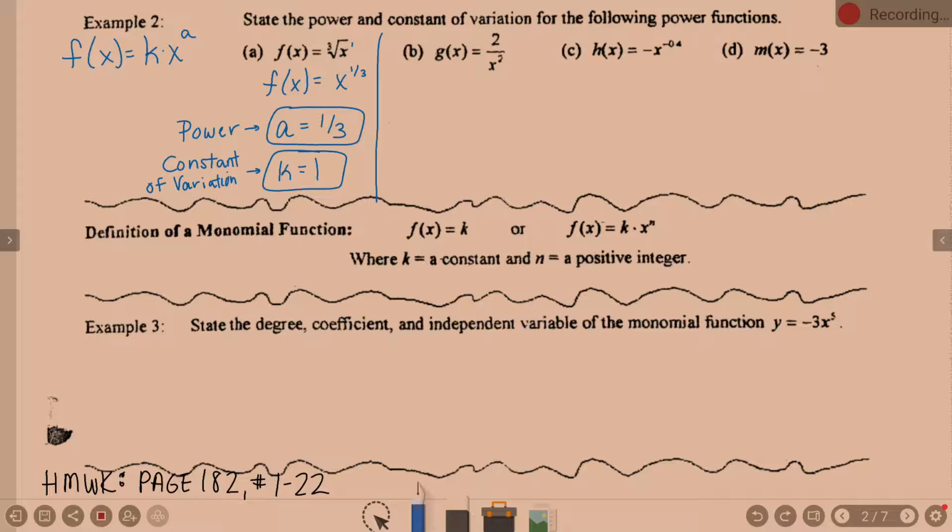G of x equals 2 over x squared. What should you think about with g of x before we get started on stating the power and constant? How could I rewrite that?